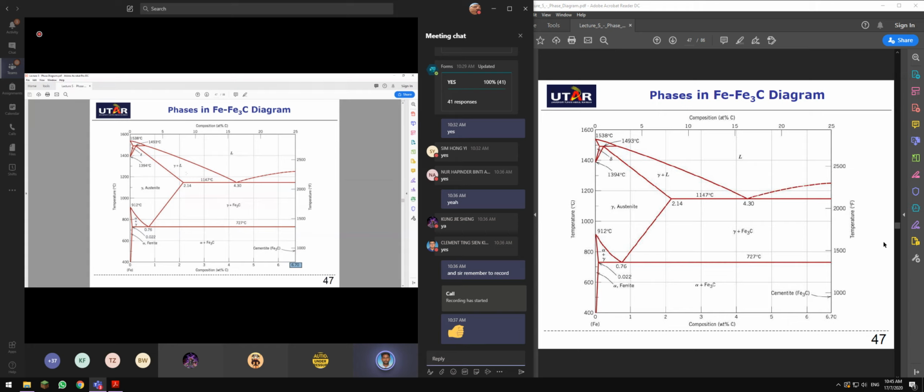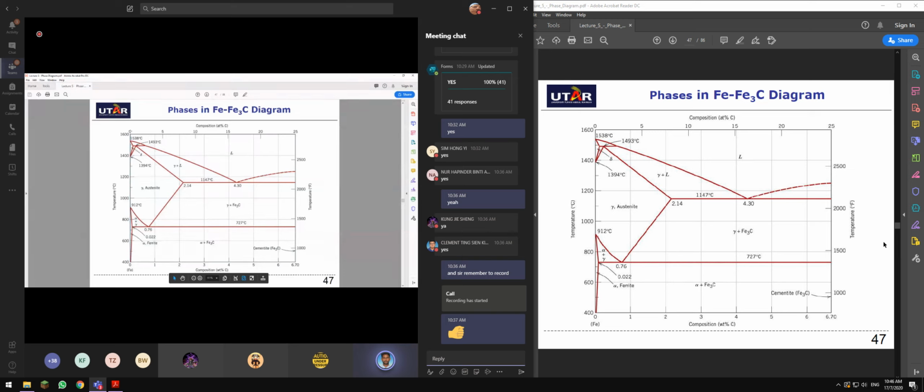A lot of things. Okay, now let's digest this phase diagram one by one. So my understanding is, pure iron over here, only this vertical line, this is your pure iron.